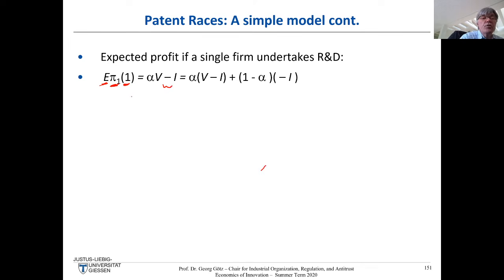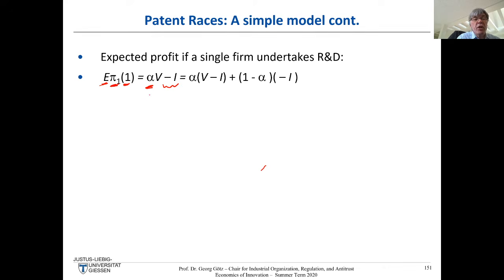And then what you see here is you invest in R&D. That's why you have to pay I, and you find something, okay? You get some positive result with probability alpha, and with probability alpha, then you get the whole value V. We might also put that differently.